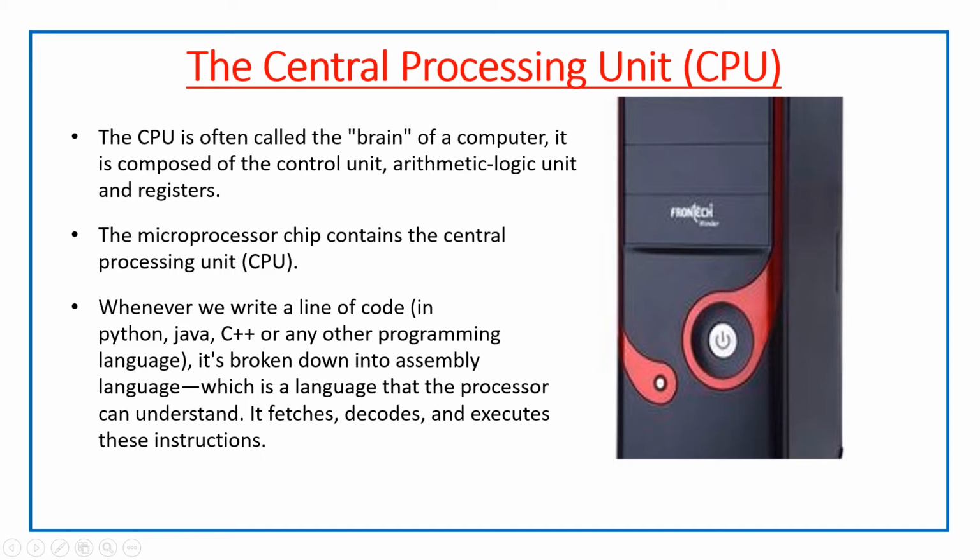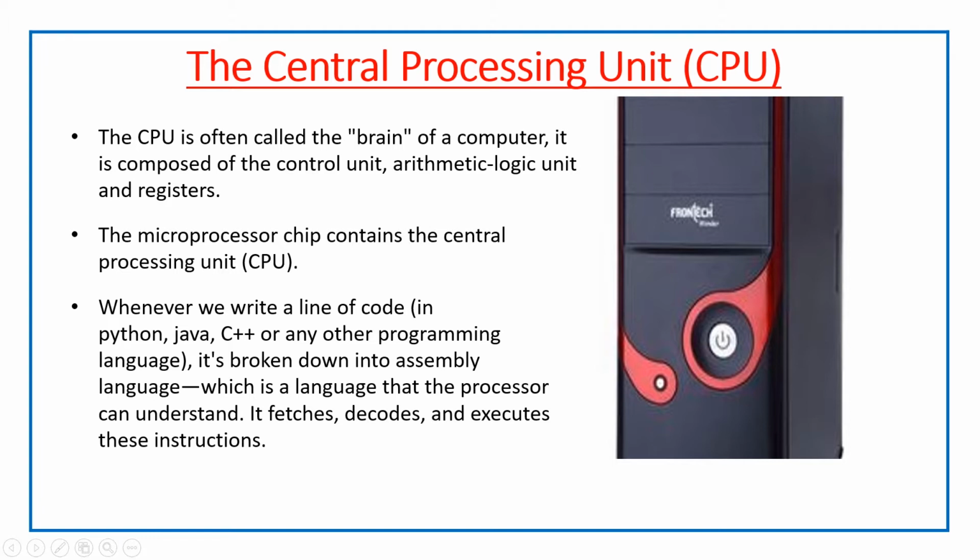What is assembly language? It is a language that the processor can understand. So whenever we write a line of code in any programming language, then that code is broken down into assembly language which the computer can understand.